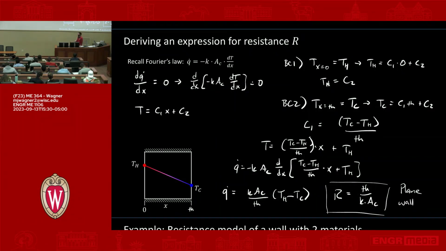This is our thermal resistance in a plane wall. It will show up again and again; it's a formula you use all the time. If I know the thickness, k and A_c, then just by knowing the temperatures I can estimate my heat transfer.